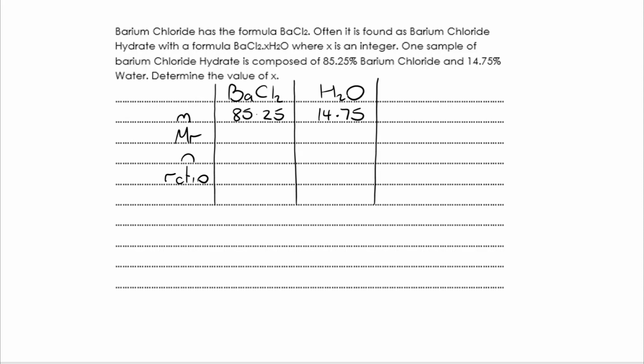Then you find the molecular masses of barium chloride and water using the periodic table. We get 208.3 and 18. When I do M divided by MR in each case, that takes me to 0.41 and 0.819. My simplest whole number ratio is 1 to 2. So that means for every barium chloride, I have 2 waters. BaCl2.2H2O.